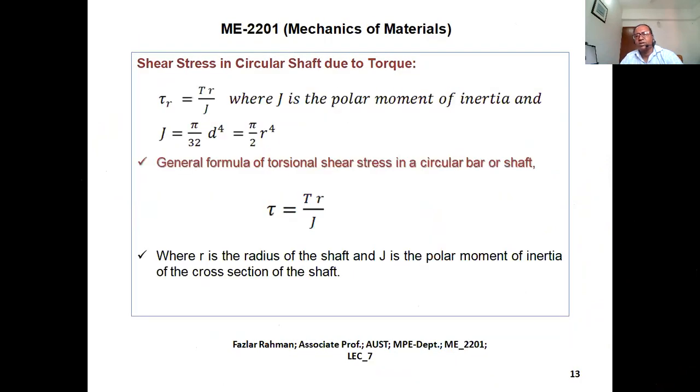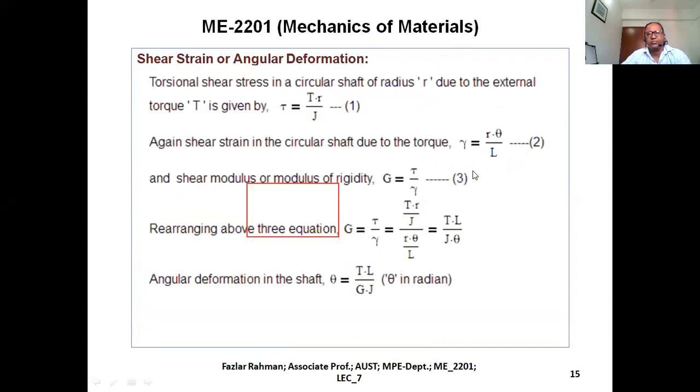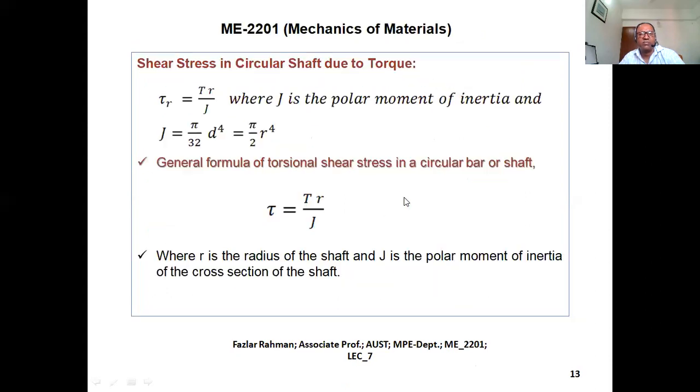on the circular shaft. So you might have a question, what about the other types of structure? Okay, so this is our main formula, and this is the shear stress distribution we already discussed. Now we need to figure out the angular deformation. How can we figure out the angular deformation of the shaft?